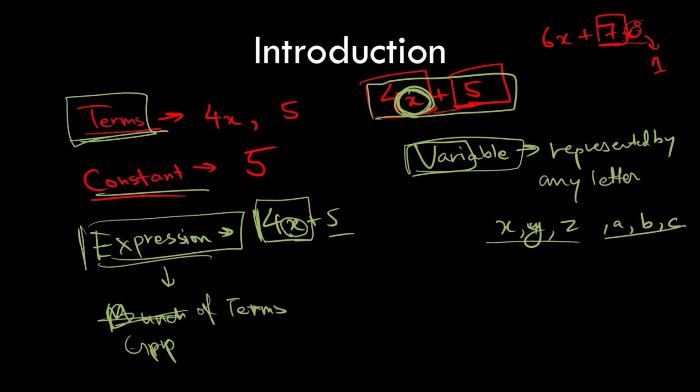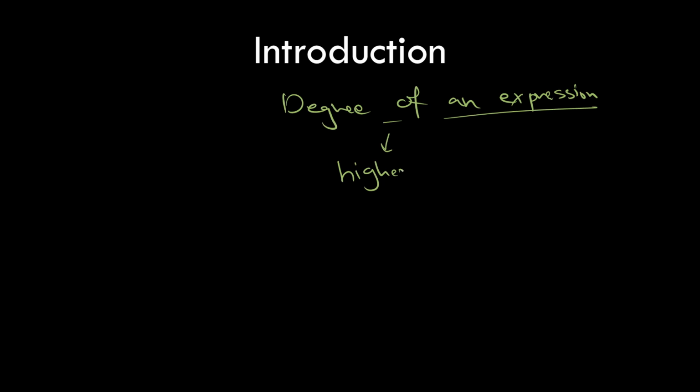Next up we are going to see a different thing. Now we are going to see what the degree of an expression is. Basically, the degree of an expression shows the highest power of the polynomial.